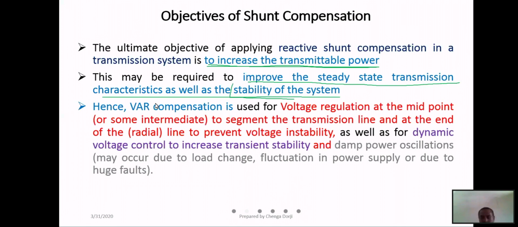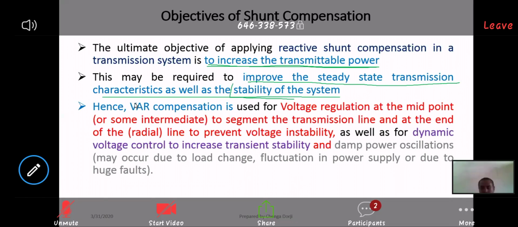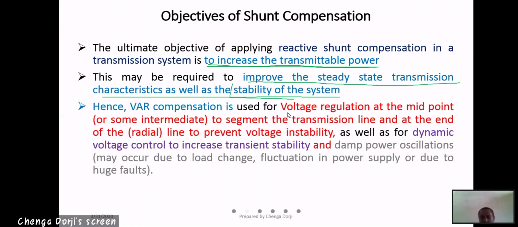Therefore, why we use reactive compensation is, one, for voltage regulation at the midpoint or some intermediate point to segment the transmission line. So the first one is transmission line segmentation. Second is to prevent voltage instability.